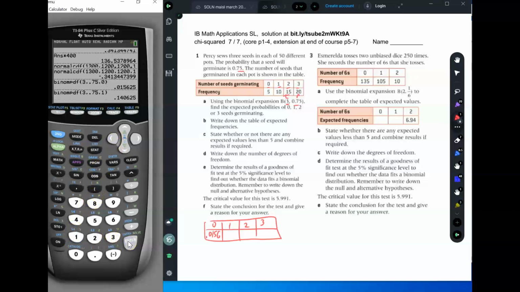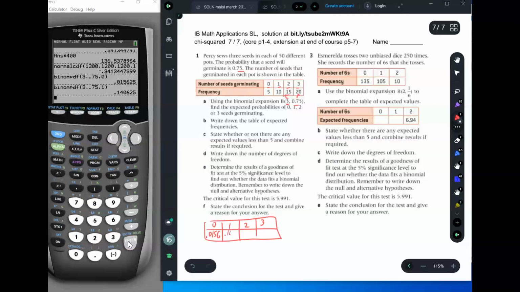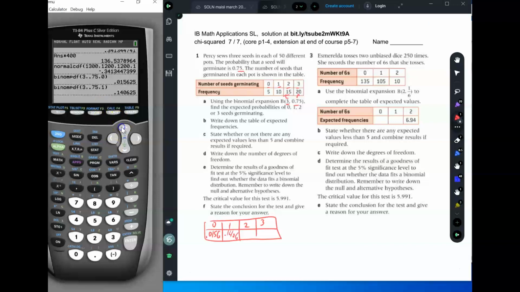It'll give me the next value, which is going to be 0.1406. And then for the 2, I'll do the same thing: copy paste, and put 2 instead of 1. 0.4219.